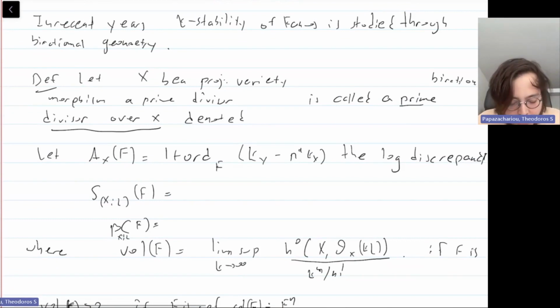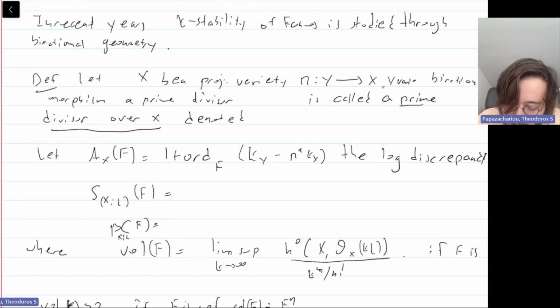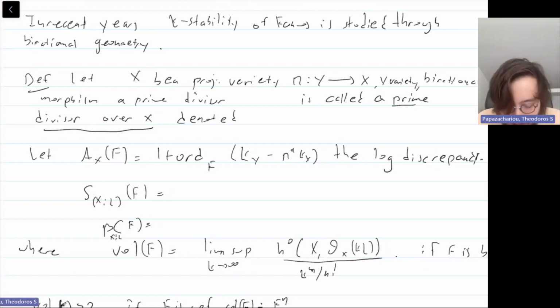The first definition essentially would be to have X to be a projective variety, and then to have a birational morphism from Y to X, where Y is also a variety. A prime divisor F inside of Y will be called a prime divisor over X, which we usually denote by this notation, just for ease.